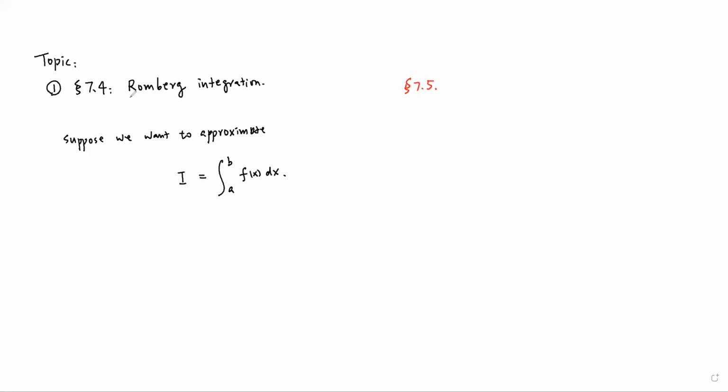Today's topic, Romberg integration. This is a method to improve the accuracy of the composite trapezoid rule. Take a review about the composite trapezoid rule.